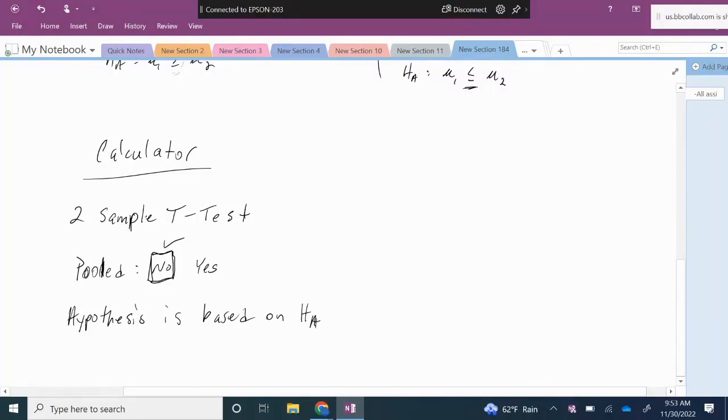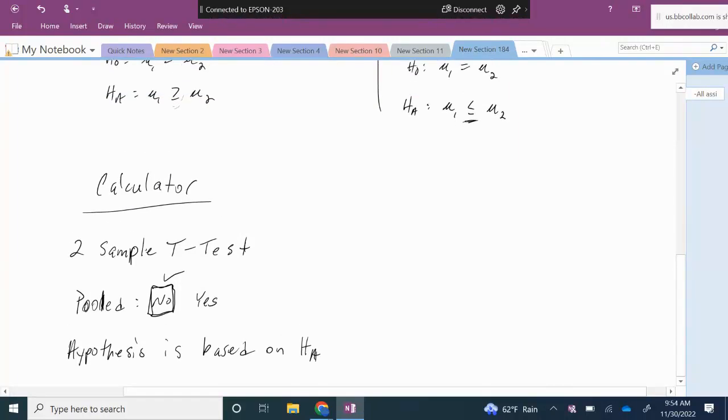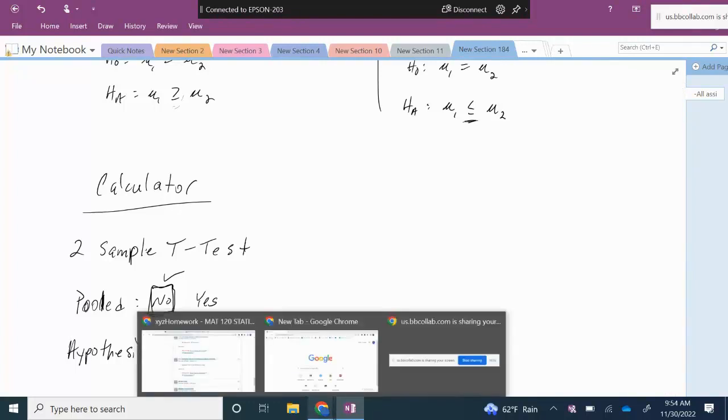Much like the hypothesis test for proportion and for means, before you calculate everything, it'll ask you if it's not equal to, greater than, or less than, and we base those off of the alternative hypothesis. All right, so let's look at some problems.